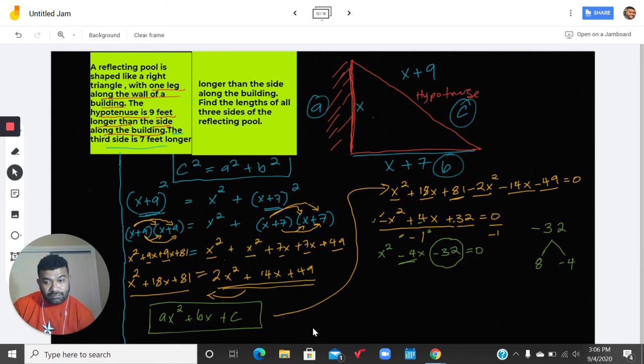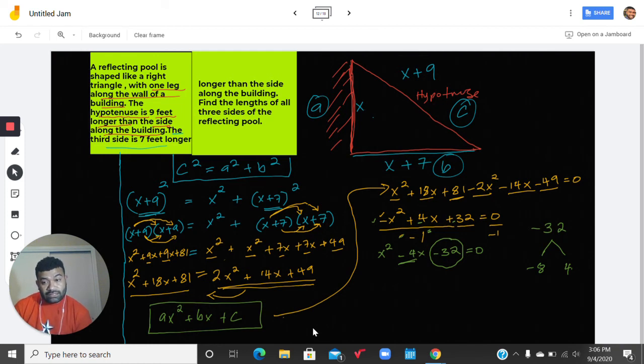But 8 plus negative 4, or 8 minus 4, no, sorry, it's going to be a negative, my bad. Let me just write that guy right there. It's going to be a negative 8 and a positive 4, because negative 8 times positive 4, I just need to change the sign, because sometimes you have to be very careful with the sign.